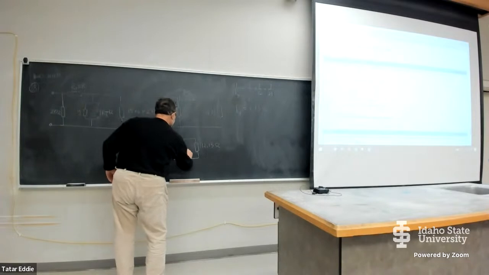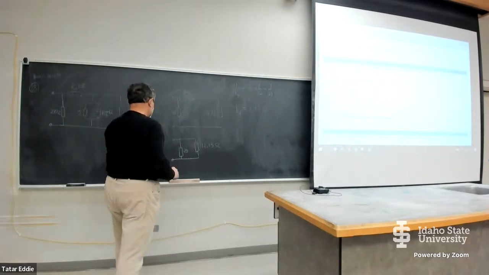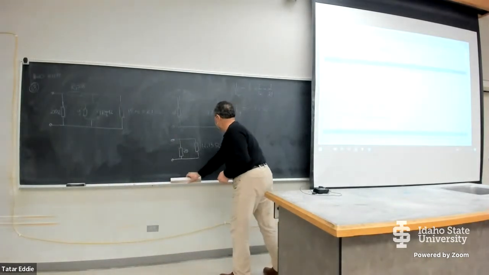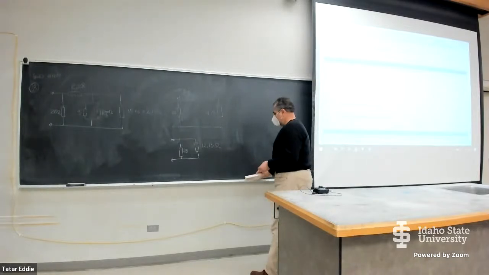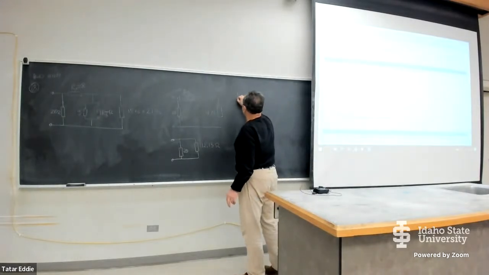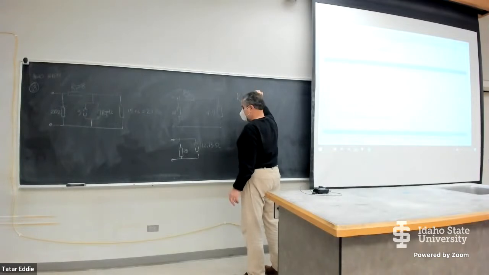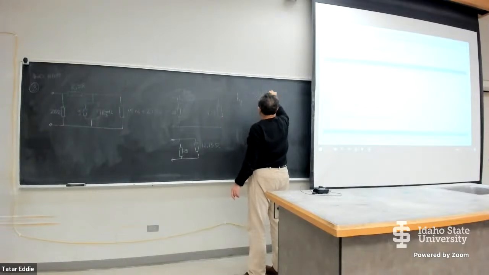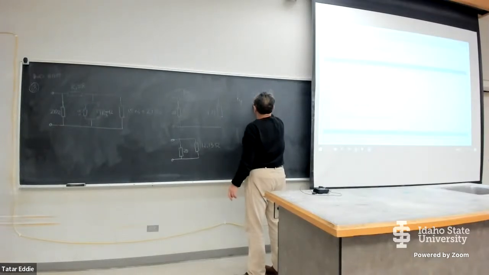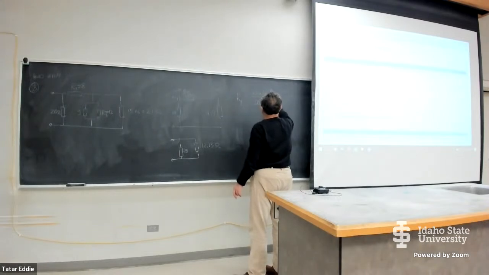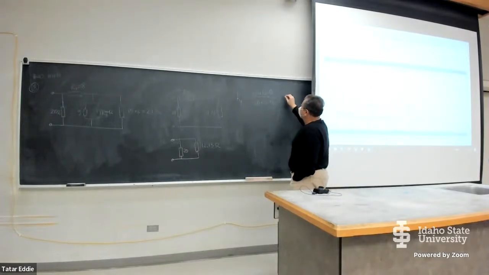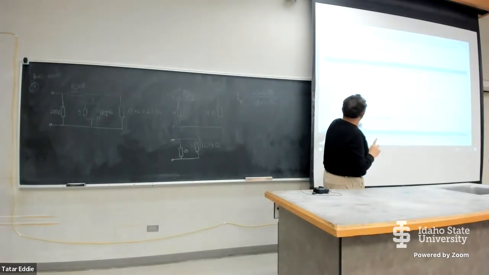So the equivalent resistance of those two is going to be R parallel equal to the product 20 multiplied by 12.13 divided by the sum 20 plus 12.13. What is it? 7.5. Yeah, the answer should be 7.5.